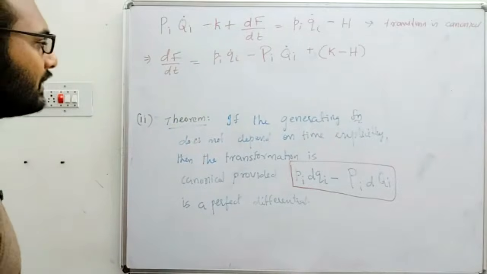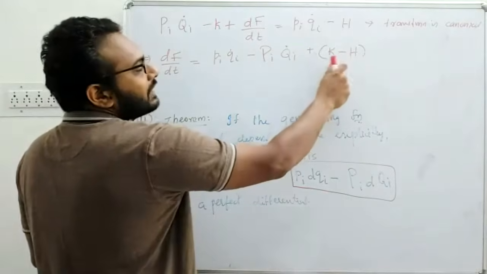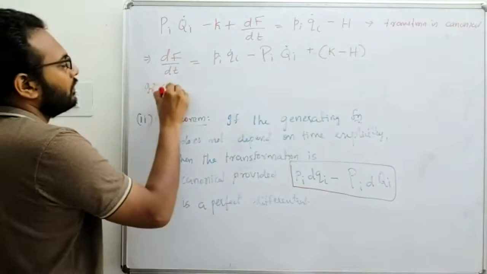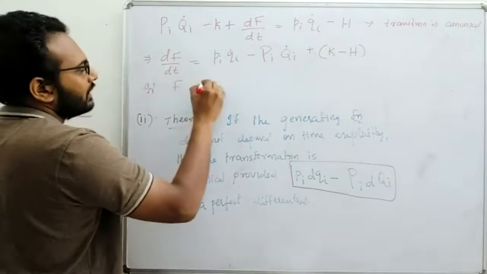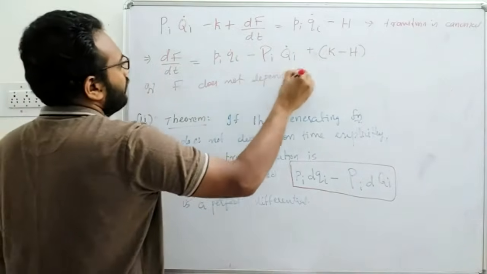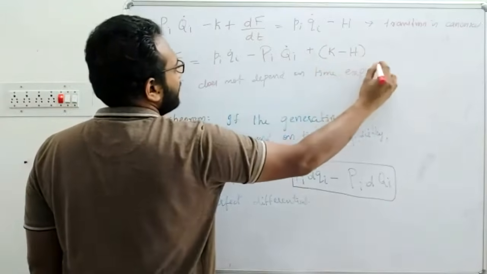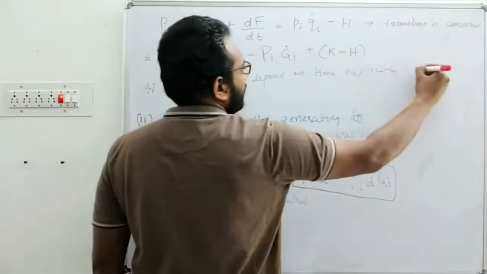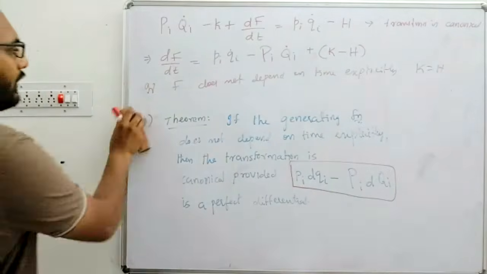Now, what did we say? We proved in the previous part that if the generating function F has no explicit dependence on time, then K is equal to H, right?